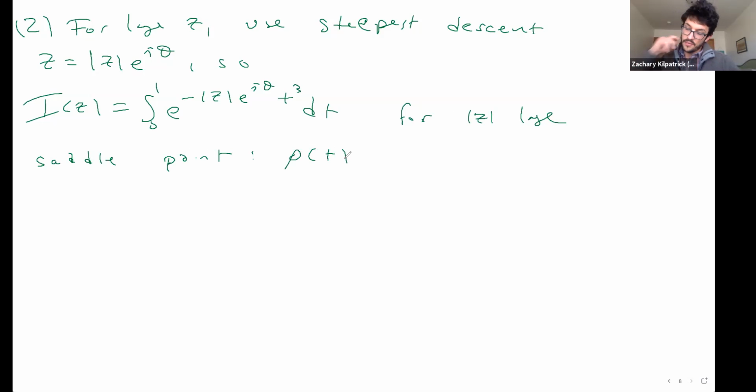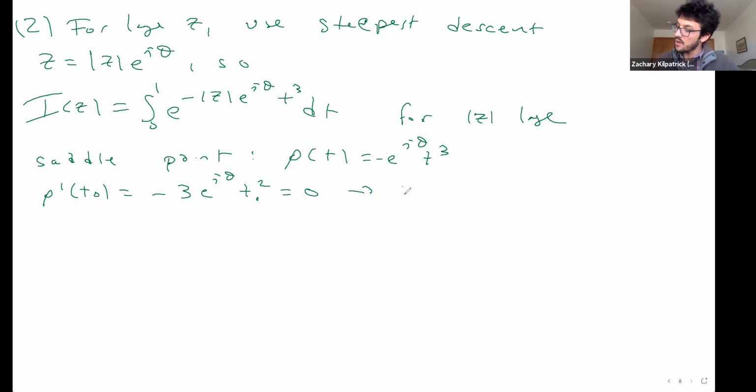Our rho of t in this case is going to be equal to e to the i theta. The minus sign here, t cubed, okay. Rho prime of t0 is going to be equal to minus 3 e to the i theta t0 squared equals 0, wherever t equals 0, okay.